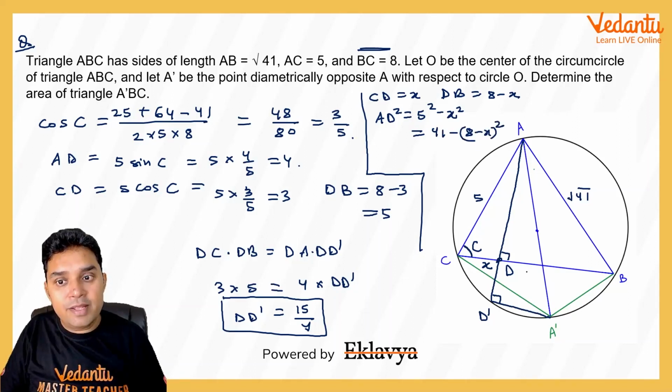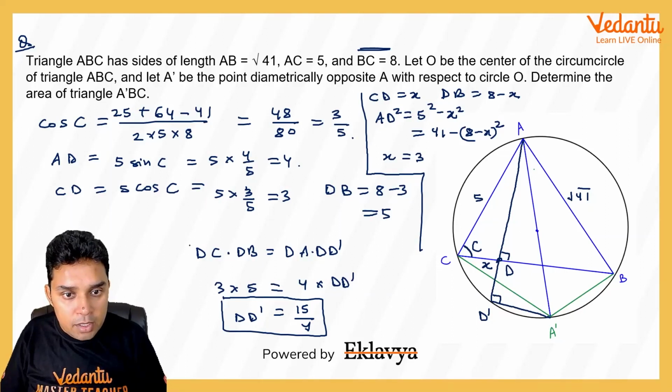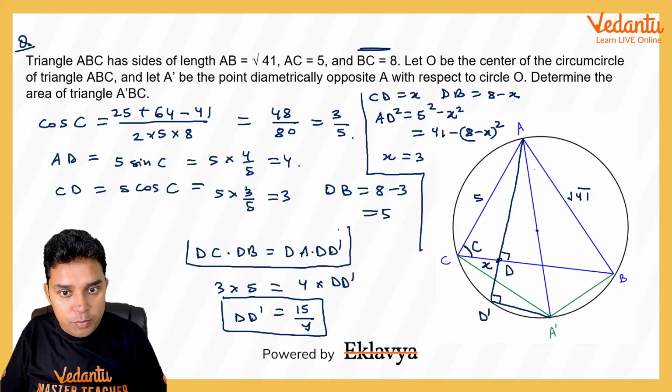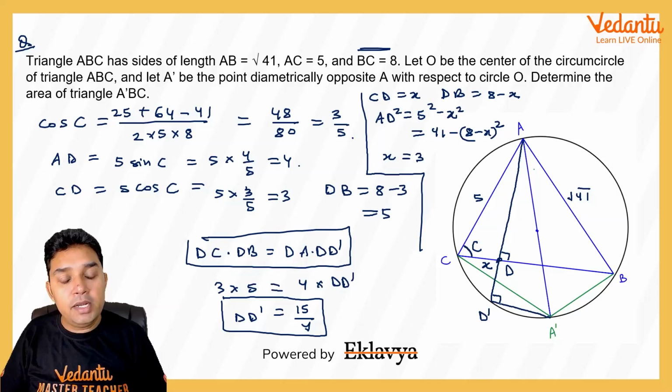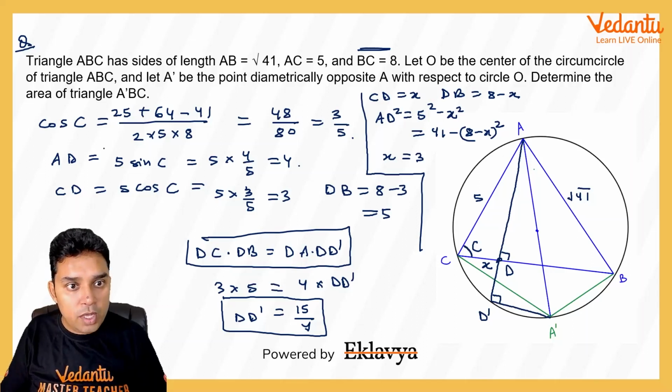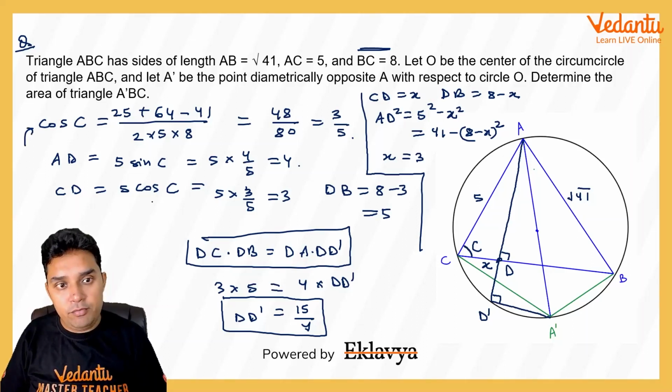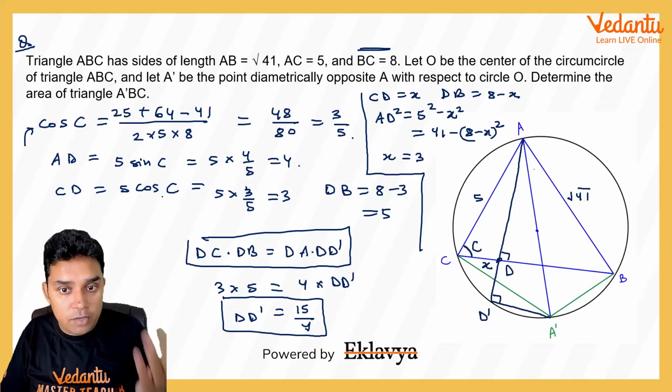So solving that also, it will give you x to be equal to 3. And once we know x to be 3, then everything is known. Then using the same method of power, we will be able to get DD dash. So you could have avoided cosine rule if you do not want to use it or you are not aware about it.